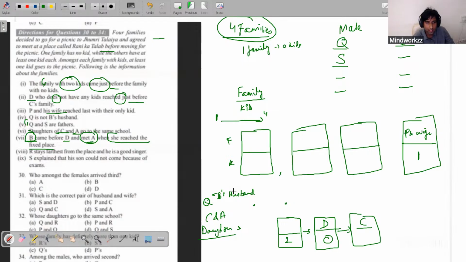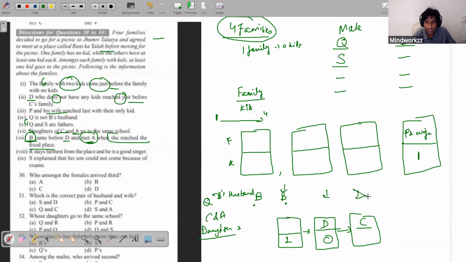D से पहले है तो या तो B came here or B came here. And B also met A when she reached the fixed place. So हम लोग को ये पता है, that means that B must have met A, so that means that B came before A. Now, is A coming here, here, here? We don't know.